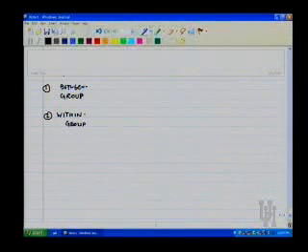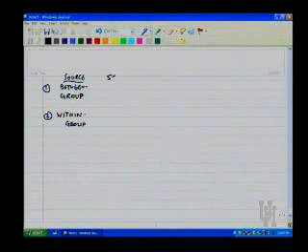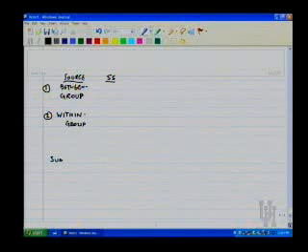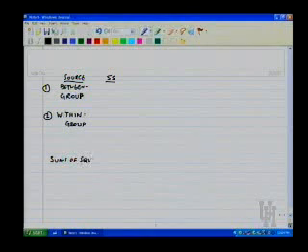The first column then is the source of the variance. The second column is the sums of squares, simply marked SS.